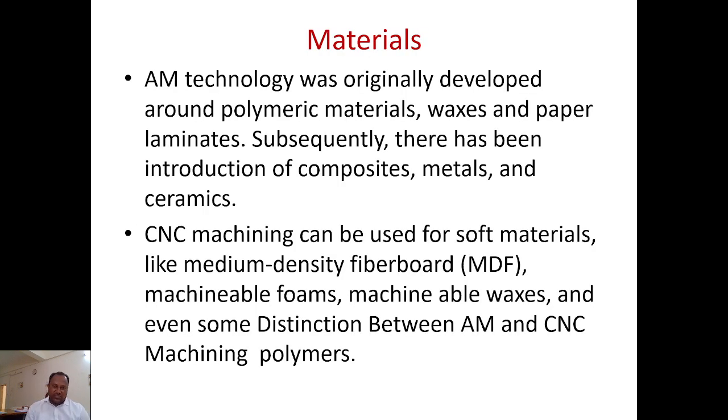Additive manufacturing technology was developed with polymeric materials, waxes, paper, laminates, and we can process all of these. Moreover, composites, metals and ceramics have now been introduced. Whereas a CNC machine can be used for soft materials like medium density fiberboard, machinable foams, waxes, and even some machining polymers.